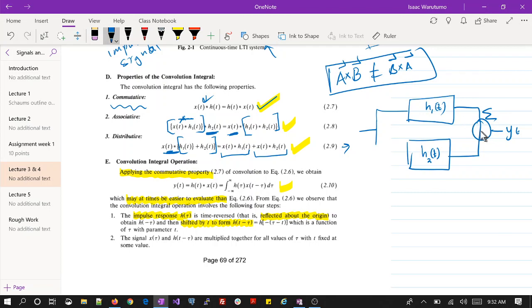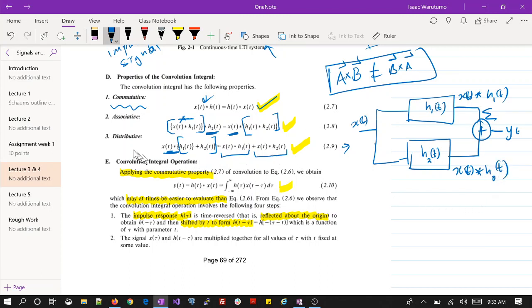I think here you normally say this is your input x of t, and therefore this is convolution that is coming out of x of t convolved with the h1 of t, and the same thing as x of t convolved with h2 of t.